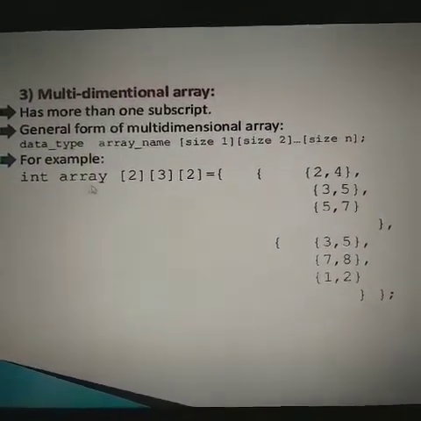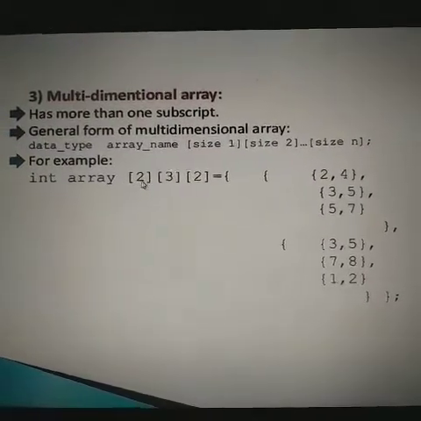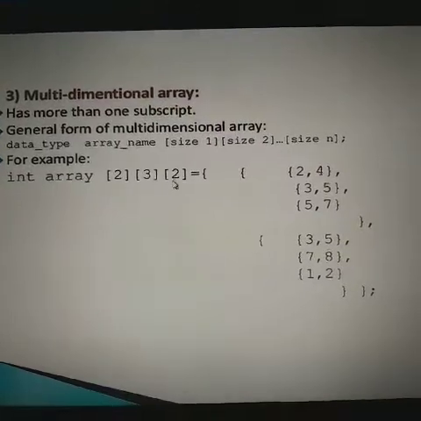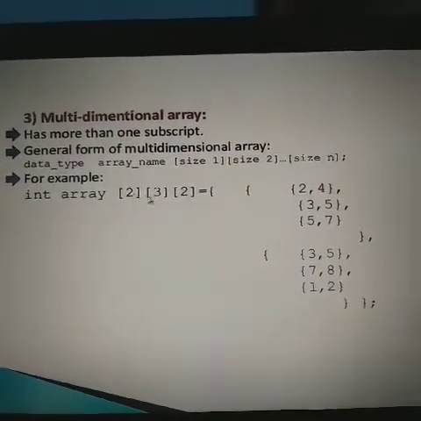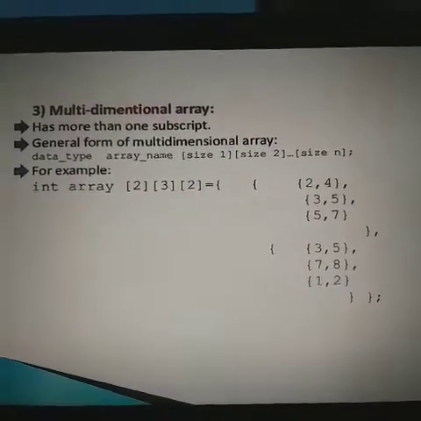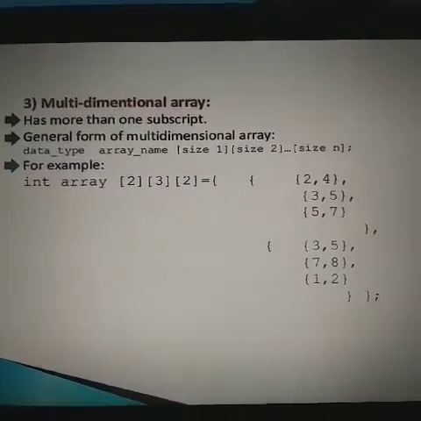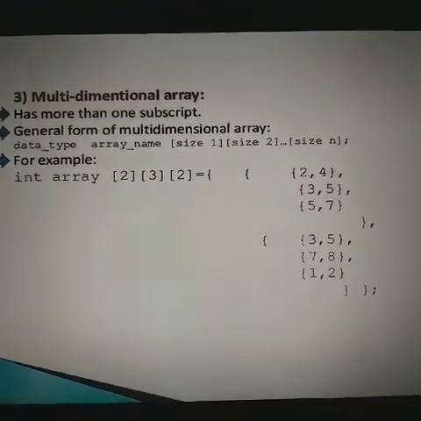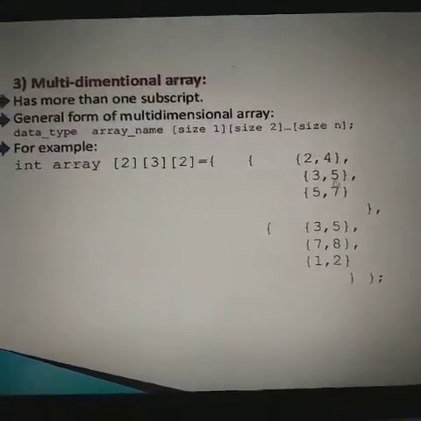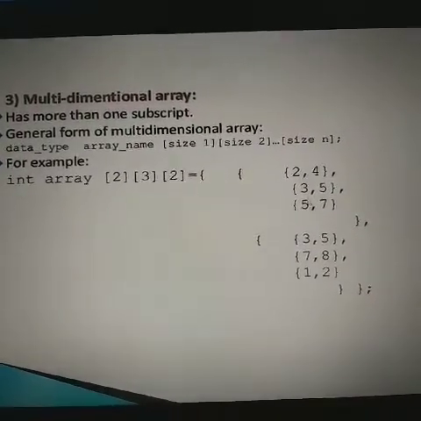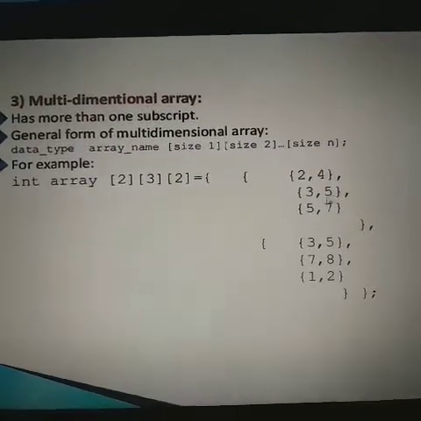There is an integer type of array which has 2, 3, and 2 as indices enclosed, where 2, 3, and 2 represent that there are two blocks having three rows, and each is represented twice. Firstly, the values are there, where there are two columns: 2, 4, 3, 5, 5, 7.